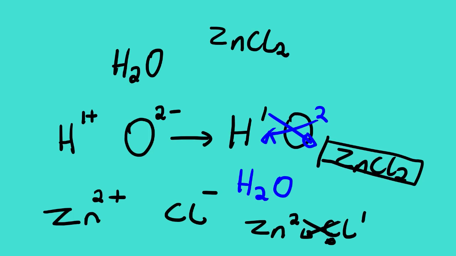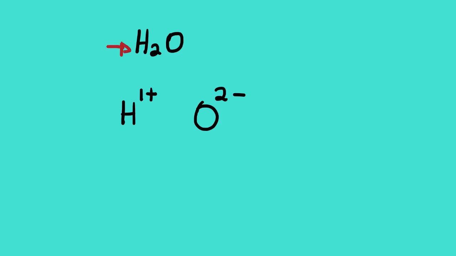Now let us look at the other way, using the mathematical approach. We said hydrogen has 1 plus, and we are reacting it with oxygen with 2 minus. Now we need to look at these oxidation numbers and the overall oxidation number of this molecule.